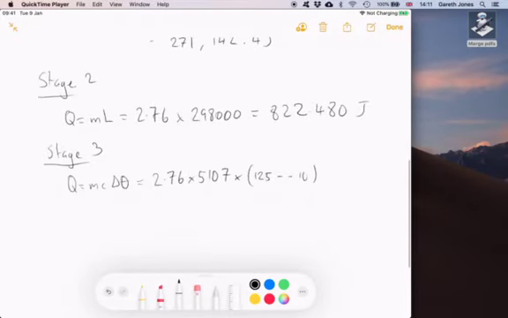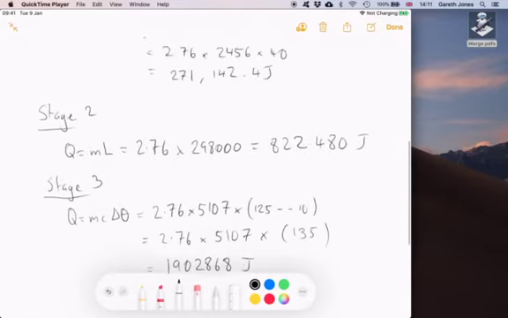So in total, that is a change of 135. My calculator tells us that, okay, this time we have a very big number, okay? So nearly 2 million joules.